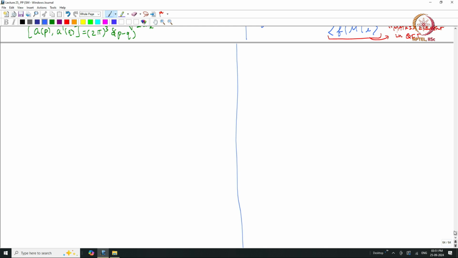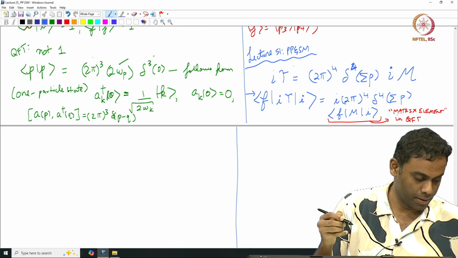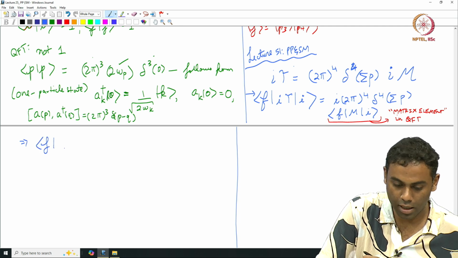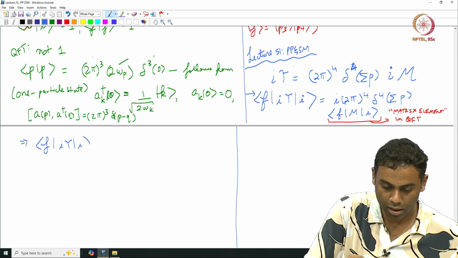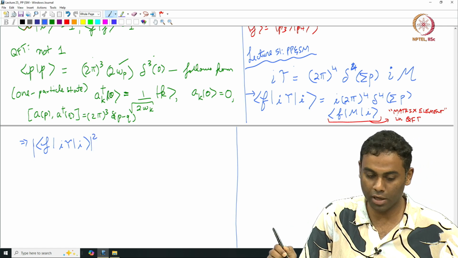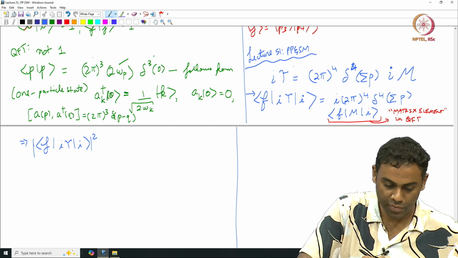So, using that, I am going to make that equation visible. This implies that if I take the absolute value squared, because that is what I am going to plug into the cross section at the end of the day, what is that?